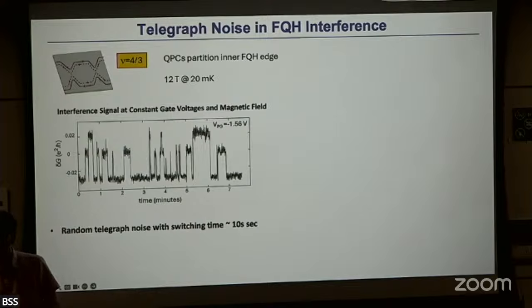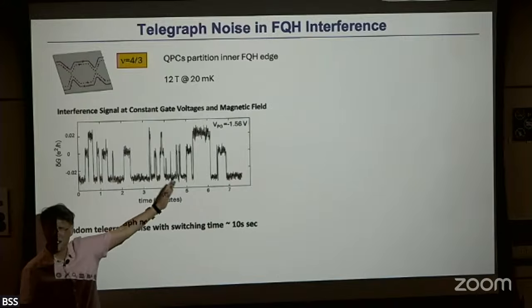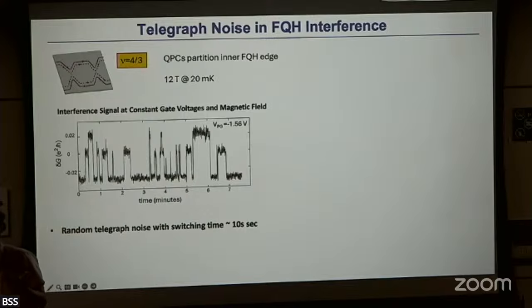But unfortunately, look at our data. Everything's fixed: magnetic field is fixed, gate is fixed. We simply monitor the interferometer output as a function of time. We expect to see that this conductance is constant, but instead, this signal is jumping around.